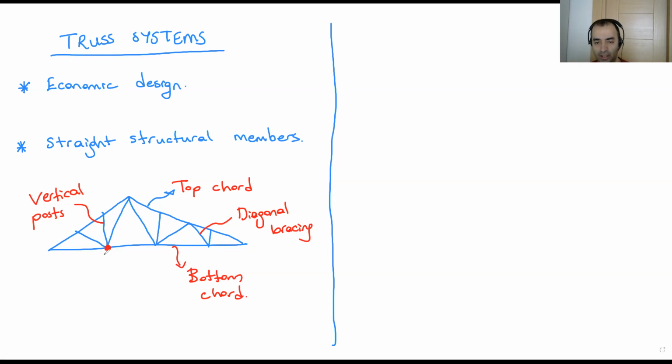Hinge means there is no moment, a zero moment location. So our members are like this, a member with a hinged end. This circle is a hinge. Hinge in Turkish is mafsal. So no moment or zero moment location.